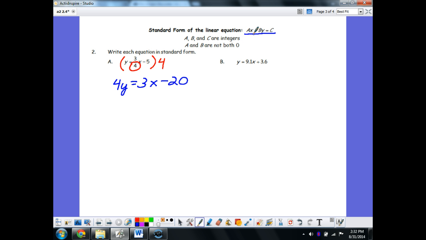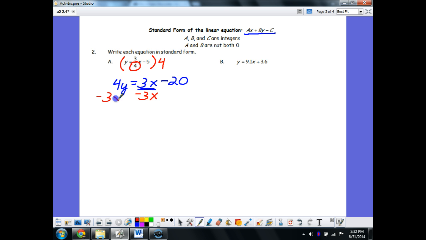The other thing that's true about standard form is the x and the y are on the same side of the equal sign and the constant is on the other. So we are going to move the 3x by subtracting it. Since we're moving the entire term, not just the 3, not just the x, we're moving the 3x.